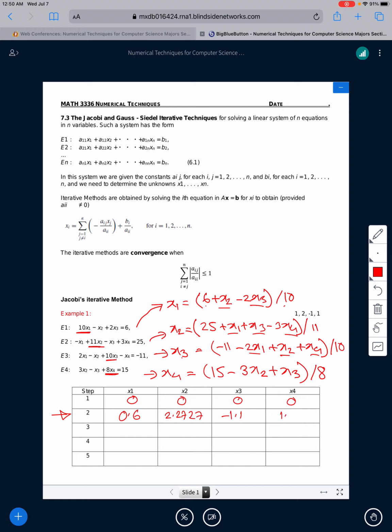Okay, now when we have calculated the second step, we are going to use these values to calculate the third step. When you have calculated the third step, you will use the values of the third step in the fourth step, and so on.